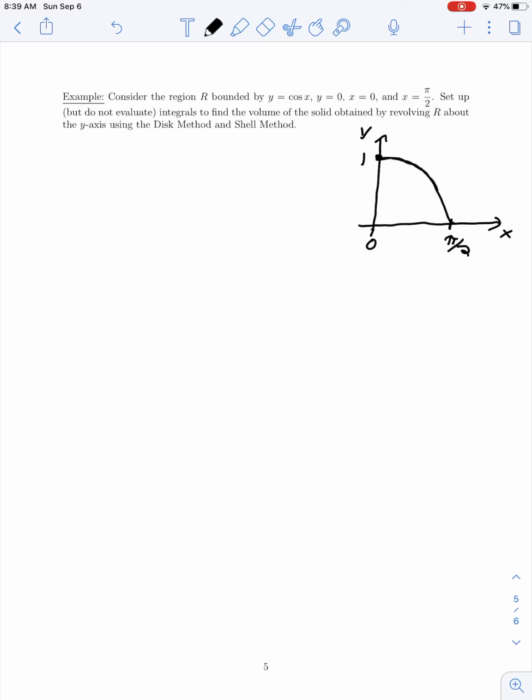So in general, it looks something like this, where this curve is the graph of y equals cosine x. So we're looking at the region R, which is this little shaded region, and we're told to revolve this about the y-axis. We want integrals for the volume using either disks or shells.